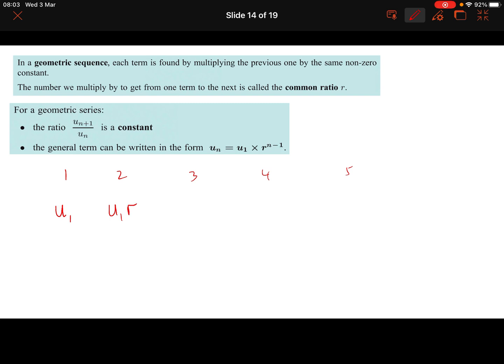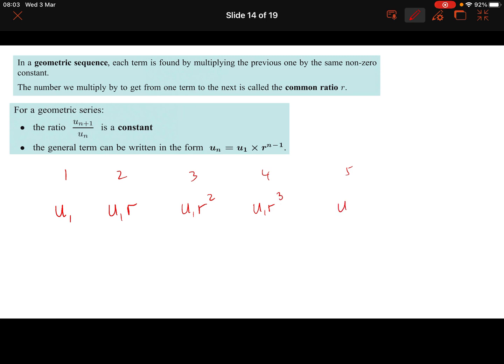Let R be the common ratio. Then the third term in the sequence is going to be U1 times R, and then times by R again, so that's going to be R squared. The fourth term is going to be whatever your last term was, so that's U1 R squared times another R, which will be U1 R cubed.